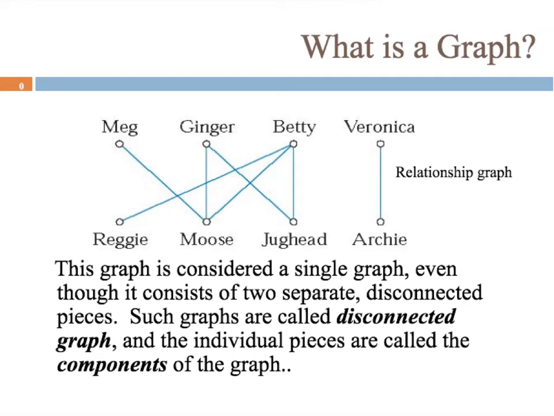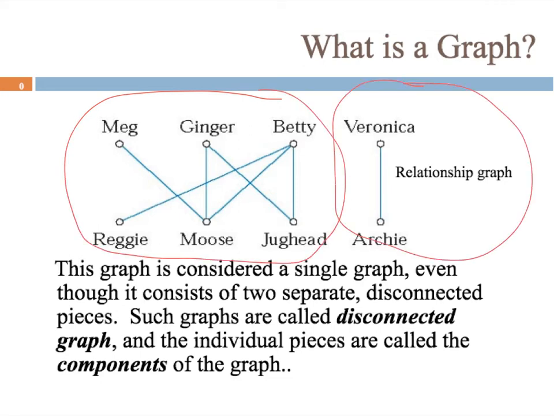Here we have a better real-world example. This is one giant graph. It's actually a disconnected graph because we have these two separate components. Here's one component of the graph, and here's another. You can make up whatever you want for this kind of situation. Maybe we have a group of friends that have dated within their circle of friends. For instance, Meg has dated Moose, and Moose is the only boy Meg has dated.